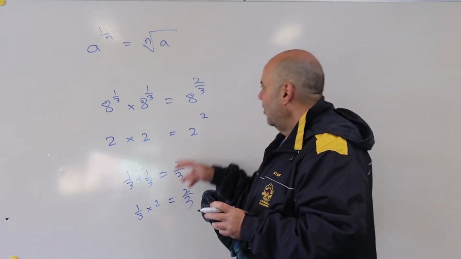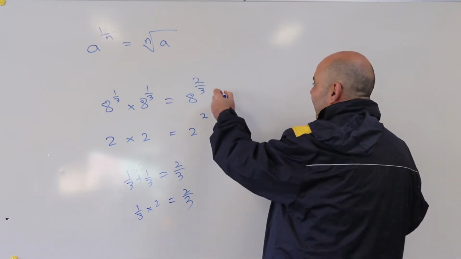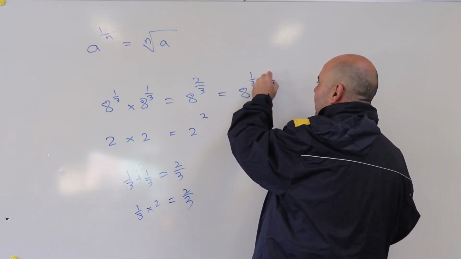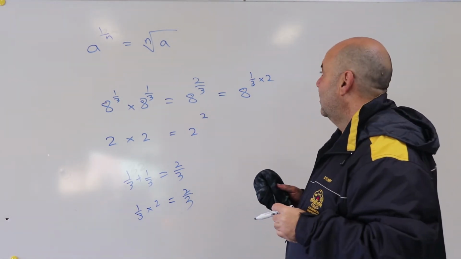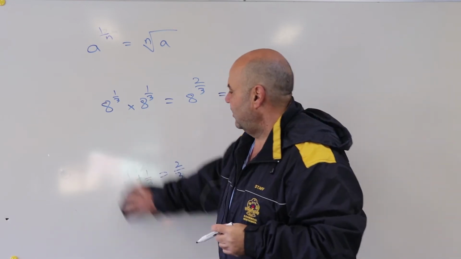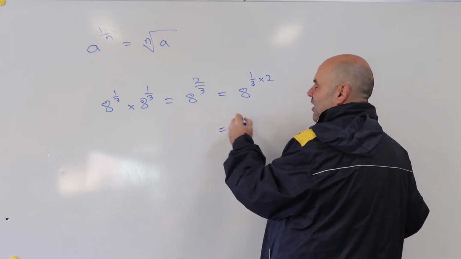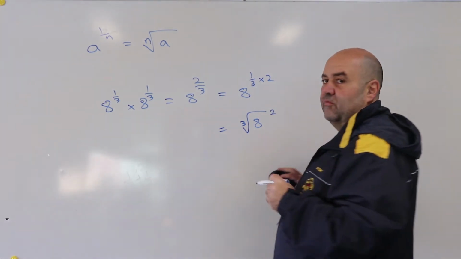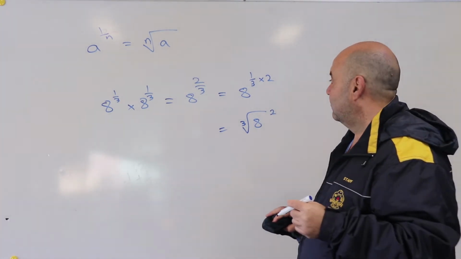So when I write 8 to the power of 2/3, I can just as easily write that as 8 to the power of 1/3 times 2. Okay, but what's 8 to the power of 1/3? That's the cubed root of 8, to the power of 2.